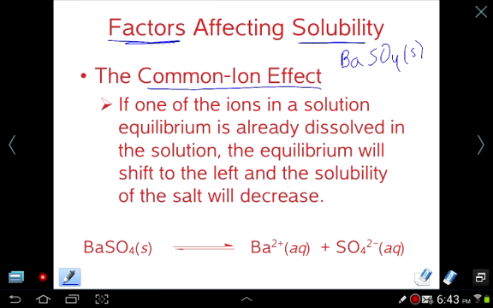This is very similar to what we began talking about when we started talking about buffers. This includes having something in solution already with your substance that you're discussing. So here it says if one of the ions in a solution equilibrium is already dissolved in the solution, the equilibrium will shift left and decrease the salt's solubility. So here's barium sulfate.